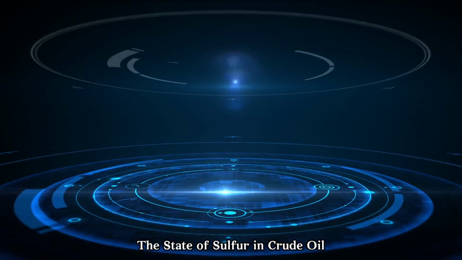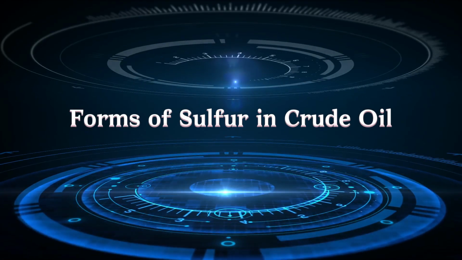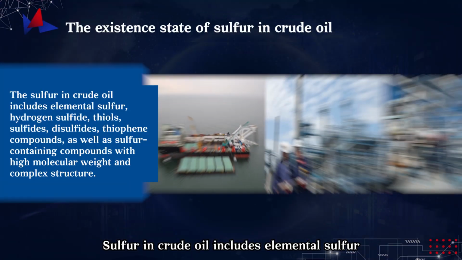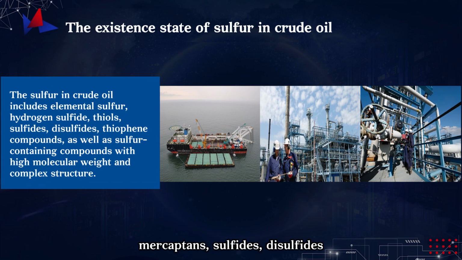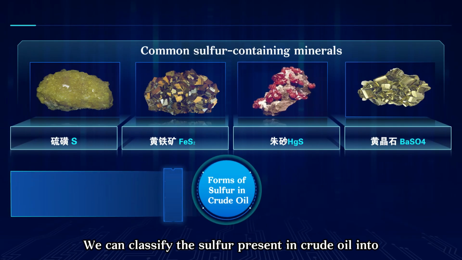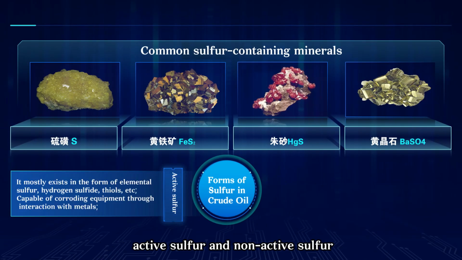2. The state of sulfur in crude oil. Sulfur in crude oil includes elemental sulfur, hydrogen sulfide, mercaptans, sulfides, disulfides, thiophenic compounds, and sulfur-containing compounds with large molecular weights and complex structures. We can classify the sulfur present in crude oil into active sulfur and non-active sulfur.